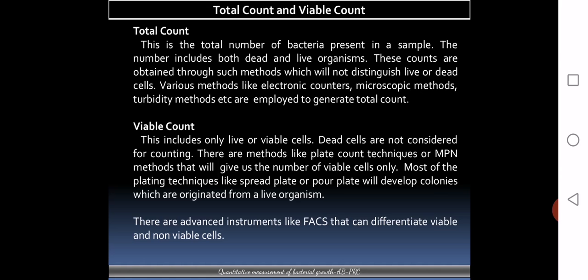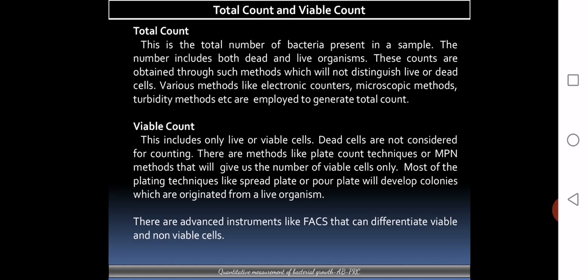The total count simply refers to the total number of bacteria present in a medium, in a broth or in a system, irrespective of their living status. That means the total count includes both living and dead cells.